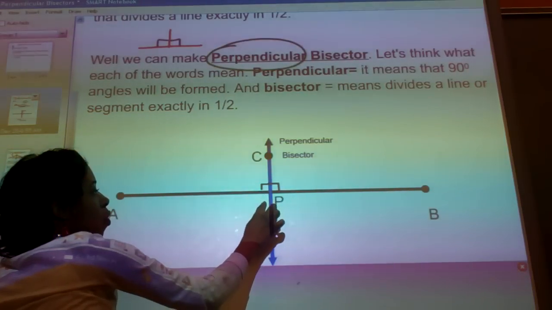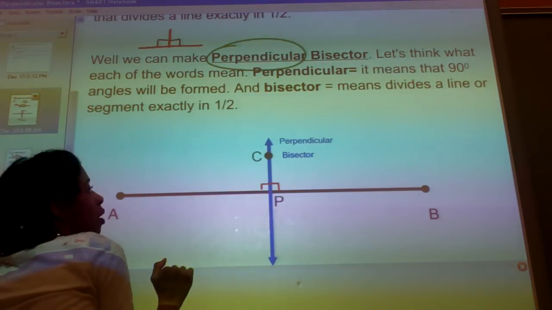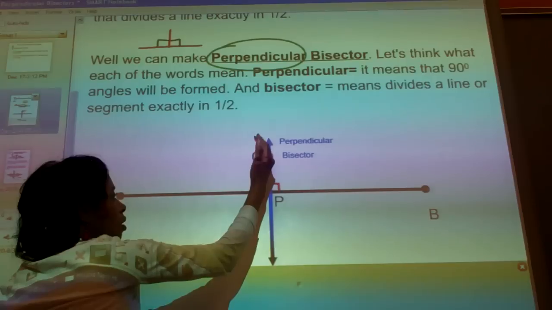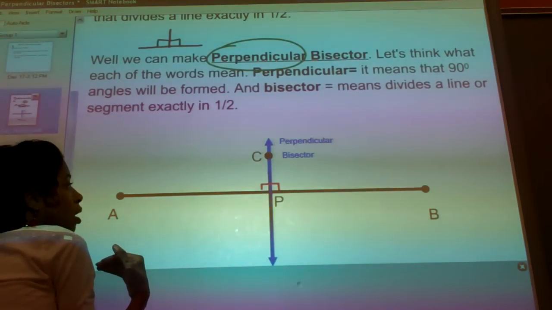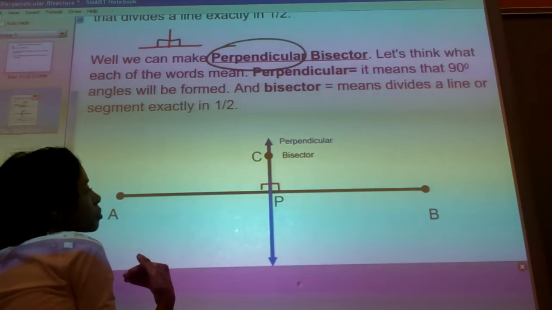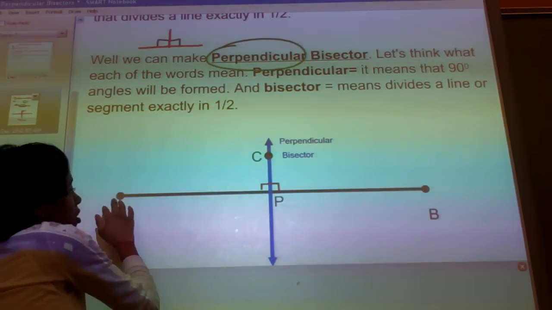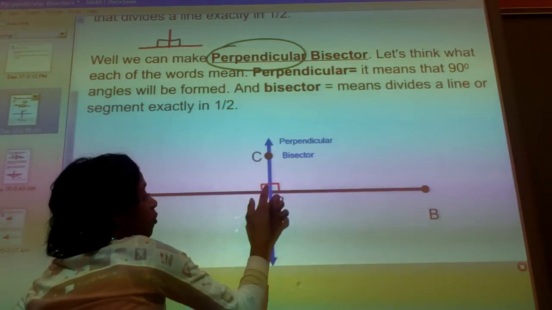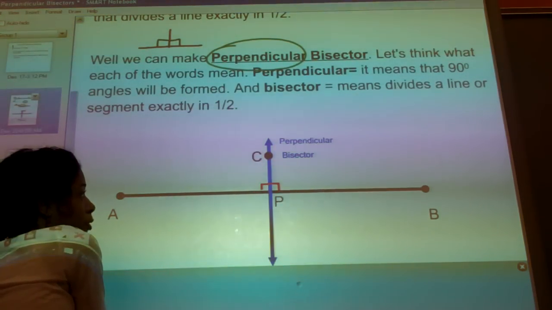In this case, it will be 4 because these will be 90 degrees as well. But because it's perpendicular, it's straight vertically, well, I want to say the word vertically, but this is horizontal. This will form two 90-degree angles because it's perpendicular.